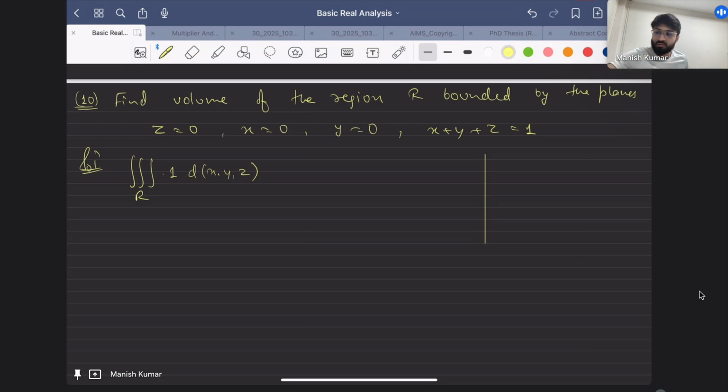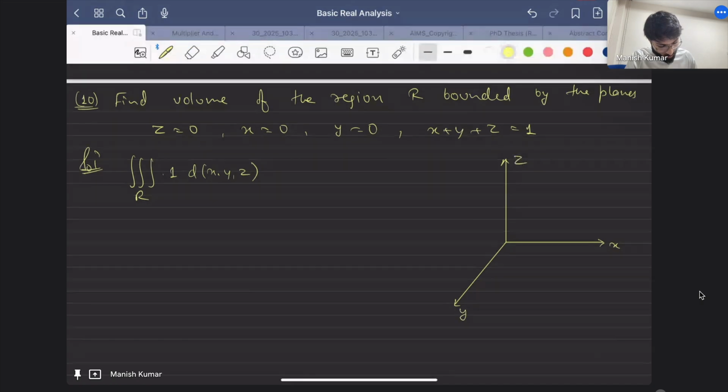Okay, so did you find the region? What would the region be? You tell me, where will the plane intersect in the xz plane?